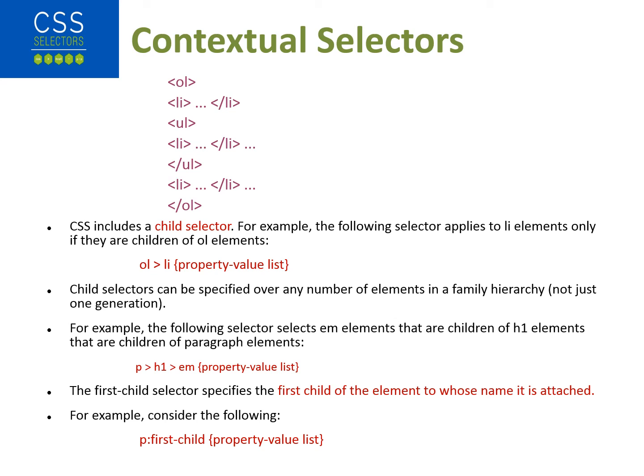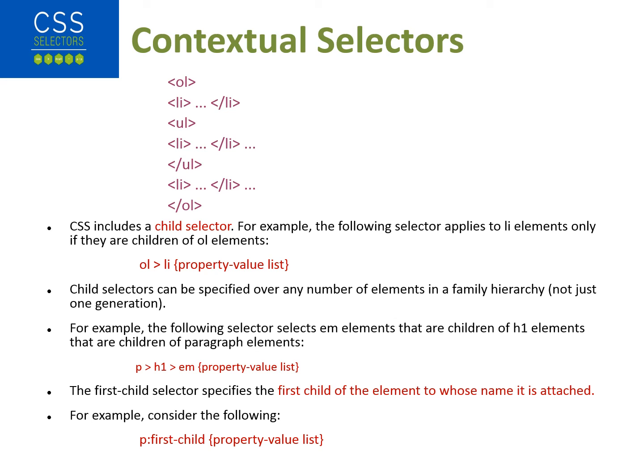Child selectors can be specified over any number of elements in a family hierarchy. For example, the following selector selects EM elements that are children of H1 elements that are children of paragraph elements. We can specify the parent-child relationship in a hierarchy. Example: P greater than H1 greater than EM, then a property value list is specified.